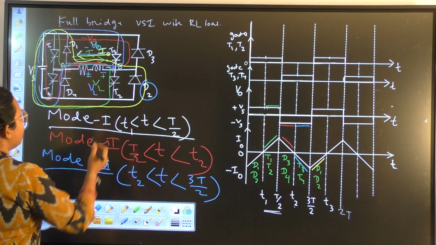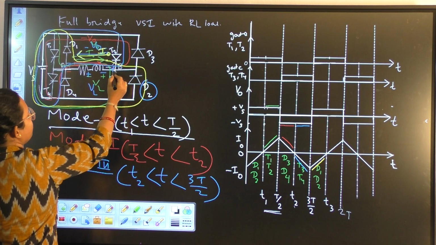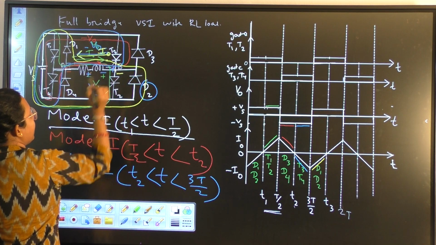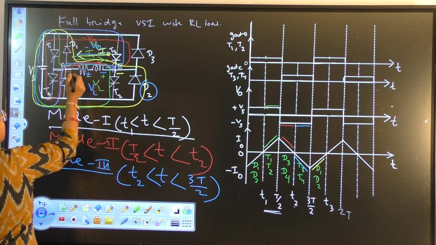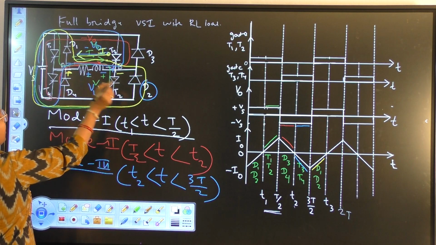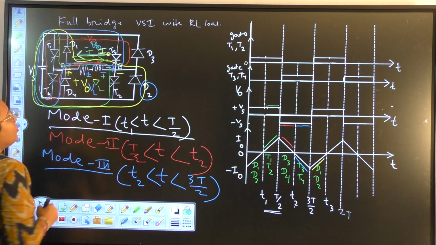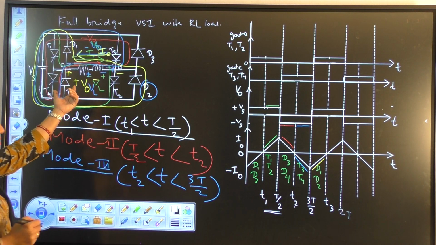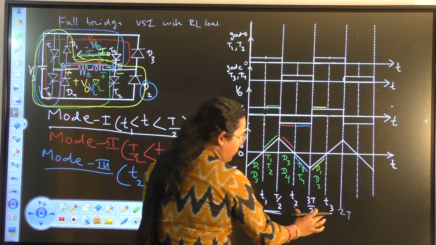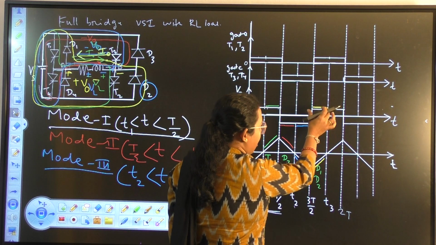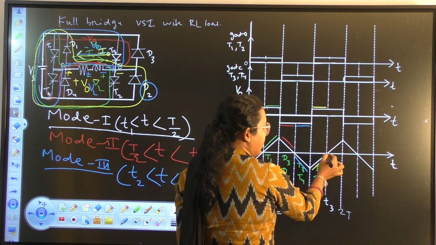What about the voltage? D2 is connected to minus Vs, so this point will be minus, and D1 is connected to the positive terminal of Vs, so it will be plus. That means the output voltage is positive Vs. So from 3T by 2 to T3, the output voltage is positive Vs and the current is decaying to 0.